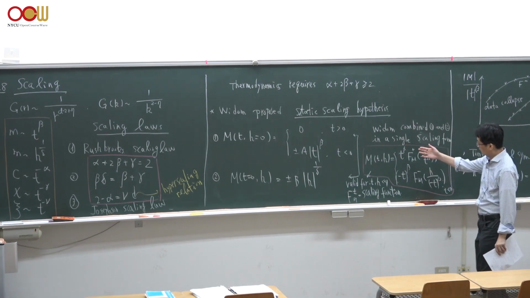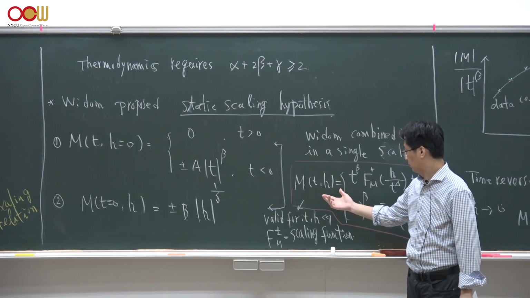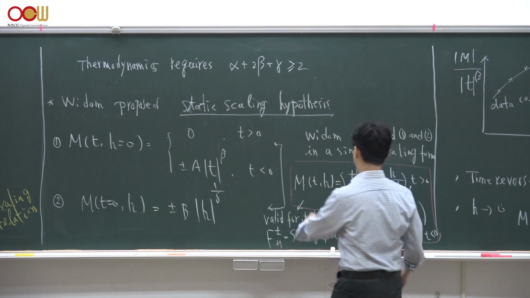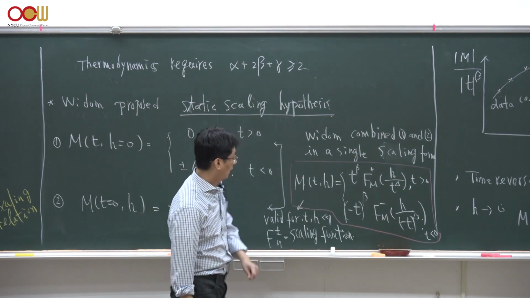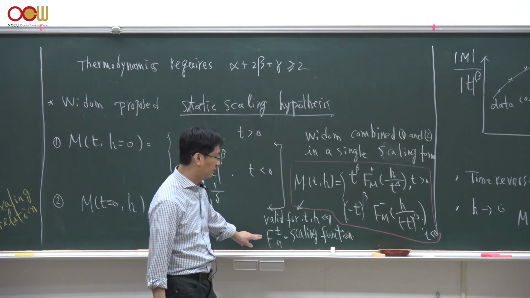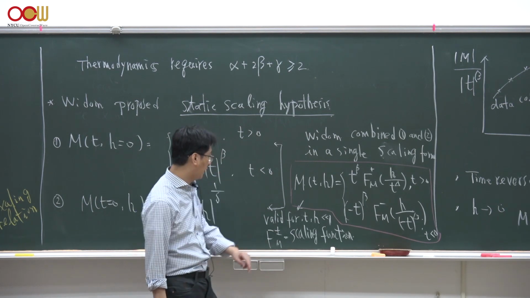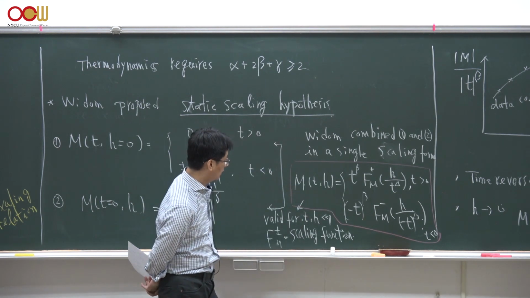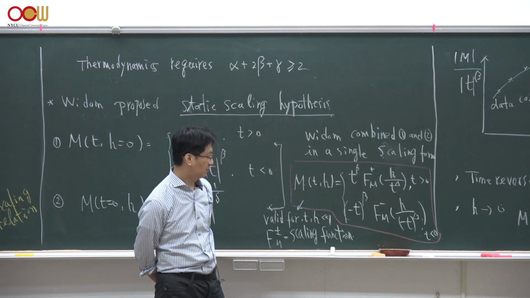Widom very cleverly defined this magnetization as a function of both little t and little h near this transition by defining so-called scaling functions or scaling forms, capital F plus or minus, plus for temperature above Tc and minus for temperature below Tc.